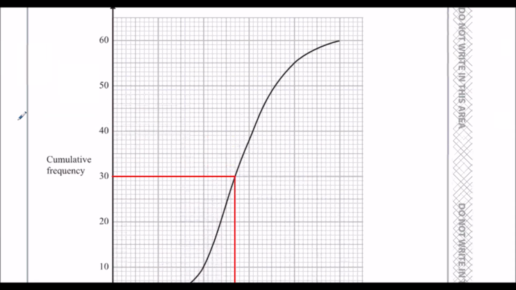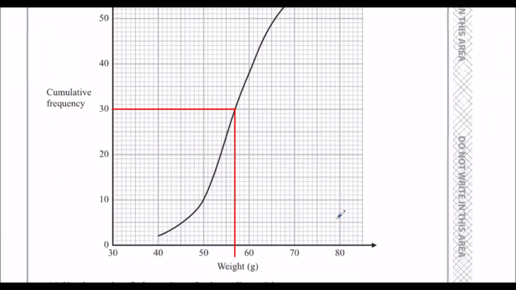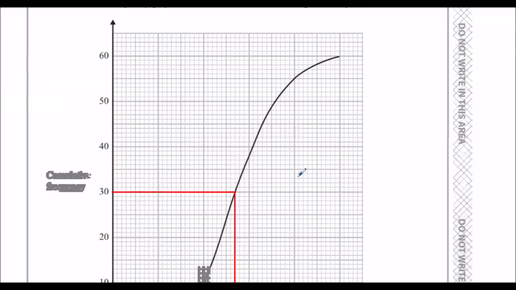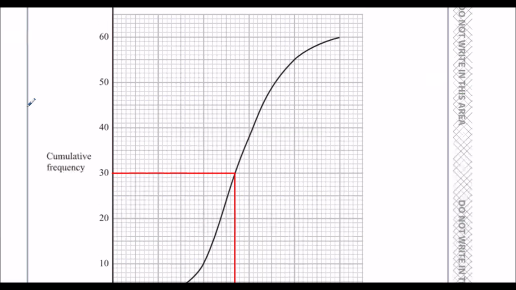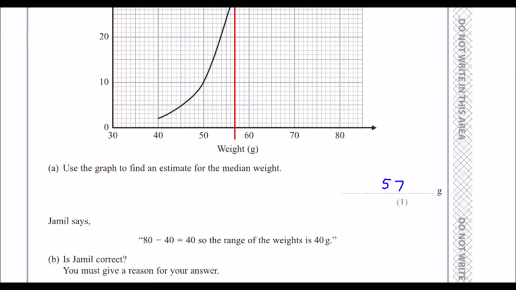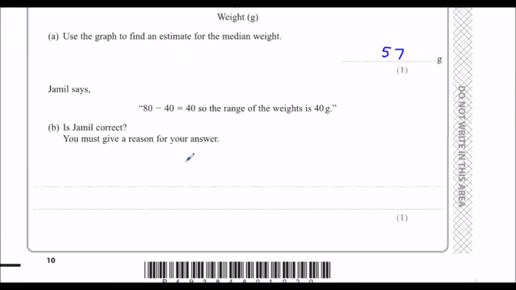So we don't actually know if there was a potato that actually weighed 80 grams. The highest could have been 76 or 77. So in the 70 to 80 group, if that was the group, we know there were potatoes, but we don't know the actual weights of the potatoes.